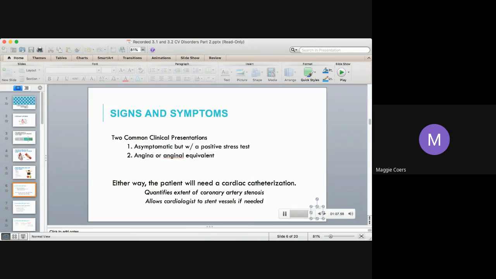It's done for two reasons: to see how extensive the coronary atherosclerosis is, and it also lets the cardiologist put in a stent if one needs to be placed in one of the coronary arteries to keep the vessels open. So remember, coronary artery disease is atherosclerosis in the coronary arteries around the heart.